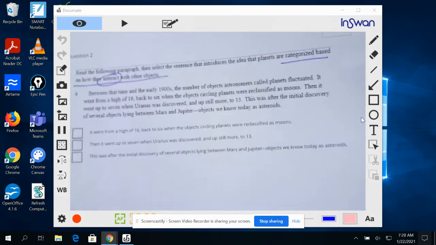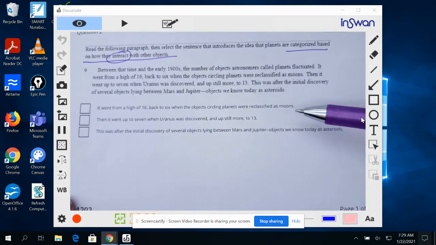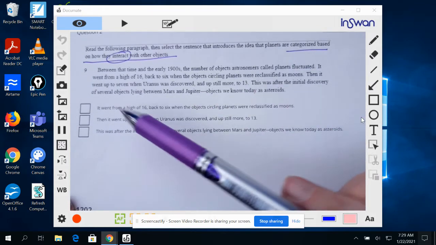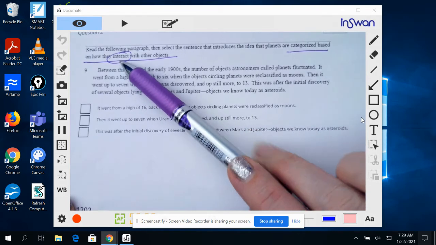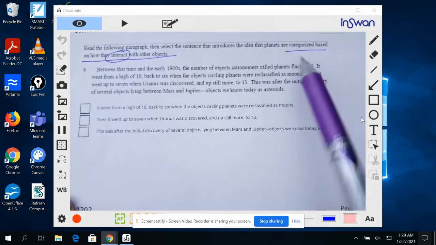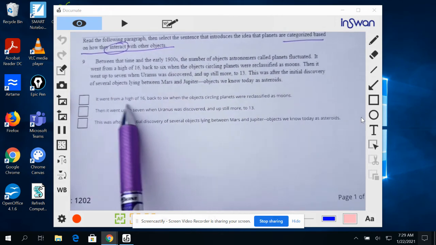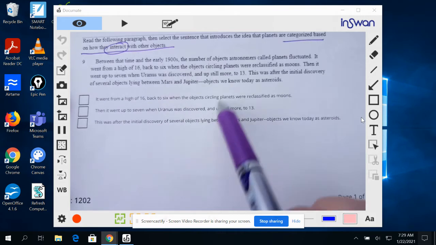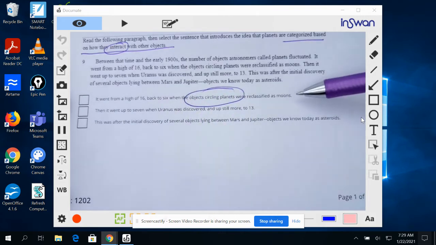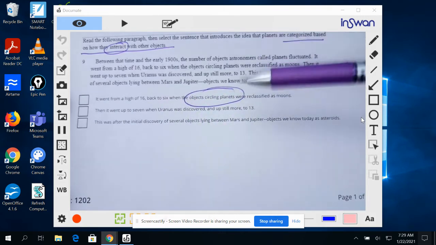And then when we look at this second one, only one of these fits this. Categorizing them based on how they interact with other objects. It went from a high of 16 back to 6 when objects circling planets were reclassified as moons. There's that interaction.